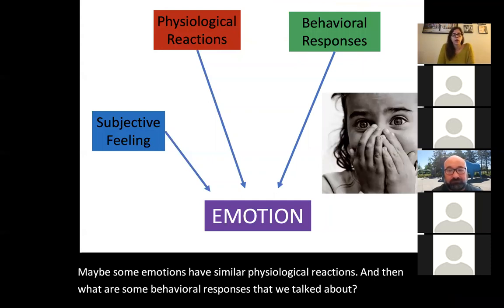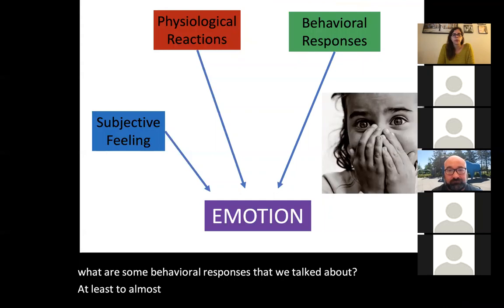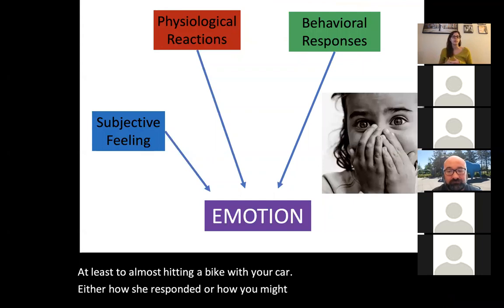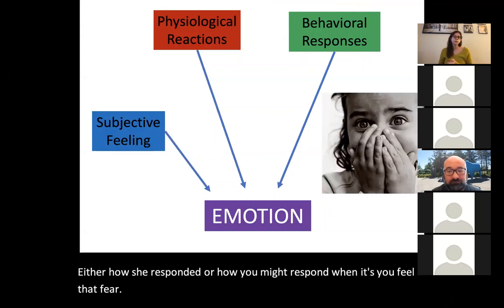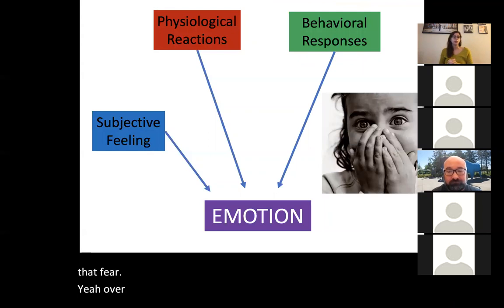At least to almost hitting a bike with your car. Either how she responded or how you might respond once you feel that fear. Yeah, overthinking, totally. Yeah, she stopped the car.